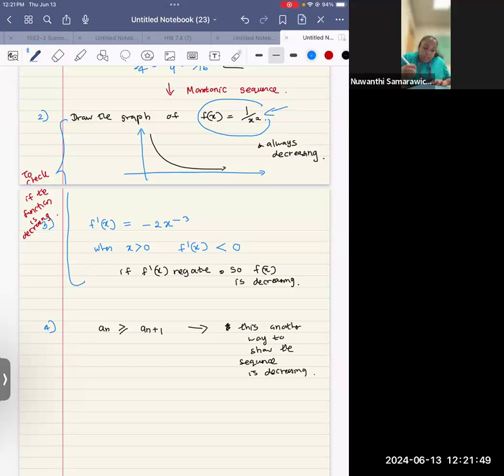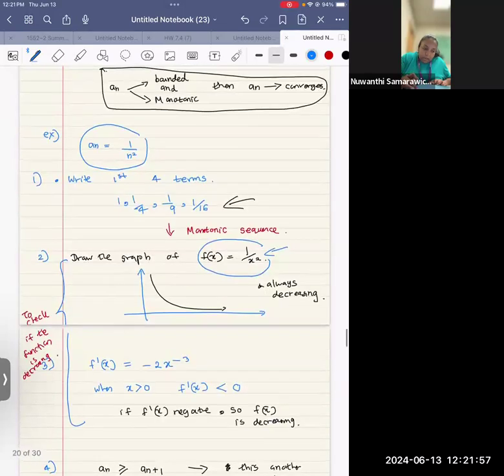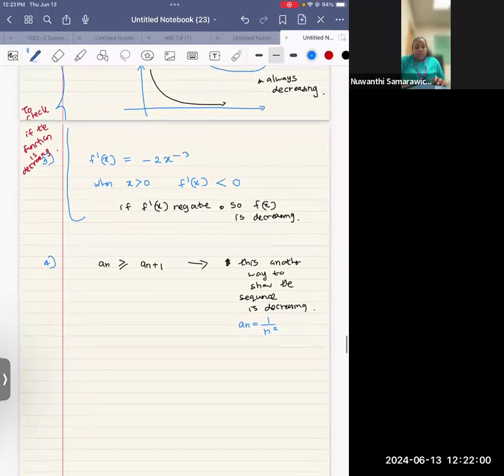Now we need to show that this is true. So how to do that? Just substitute your n-th term, which is 1 over n squared. Can you just substitute and check whether it is a true statement or not?